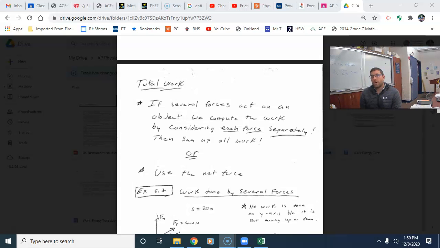So if I want the total work, we could find each force separately, then sum it all up. Or we could use the net force and take it times the displacement as well. We know what net force means from the past in working with Newton's laws. All right, and we'll see some of this done through examples.